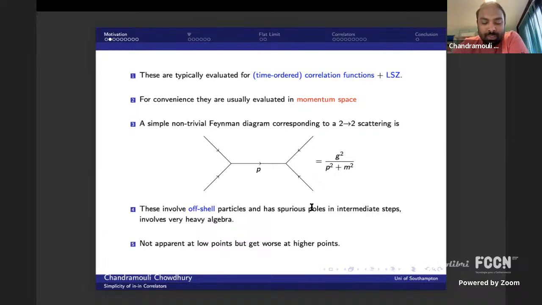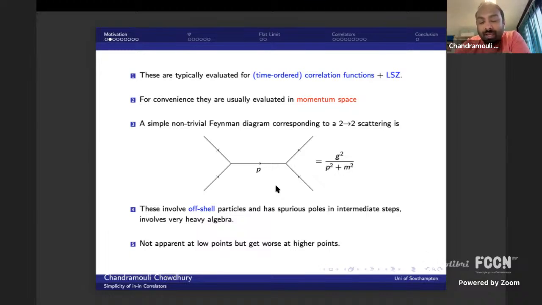often once you begin computing more and more Feynman diagrams, you realize that they're not the best approach to computing amplitudes. This is because they involve off-shell particles. Of course, as you know, this particle is off-shell. And sometimes in intermediate steps, they have many spurious poles. What I mean by spurious poles is simply that in intermediate steps, there are certain poles which just cancel out after you add every term in the Feynman diagram.